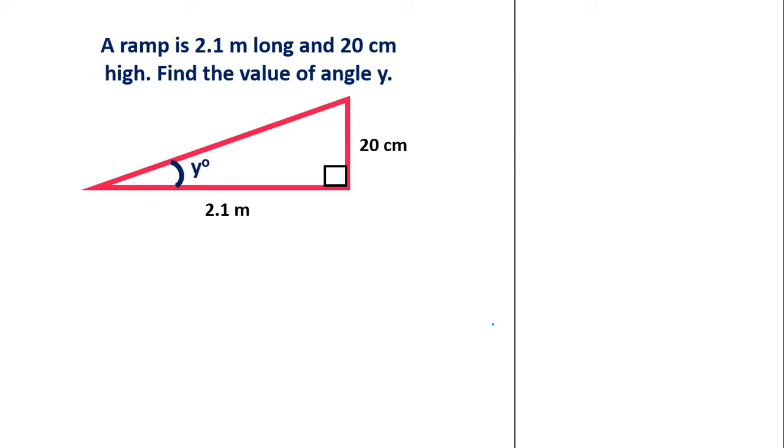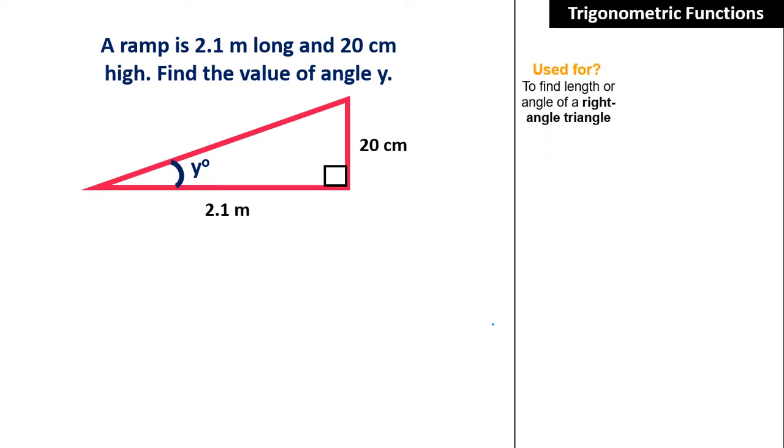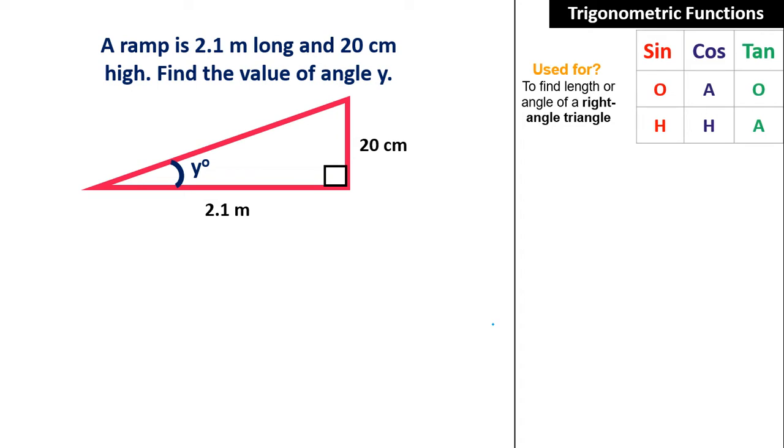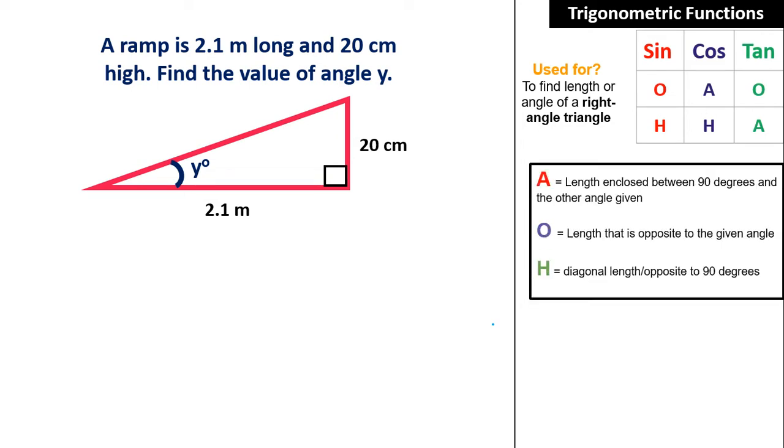This is y degrees. Keeping in mind, we're dealing with trigonometric functions, which are used to find lengths or angles of right angle triangles, and make sure you're well versed with the sine cos tan table. How do we figure out which one's the OAH? A is the length that is enclosed between the 90-degree and the given angle.